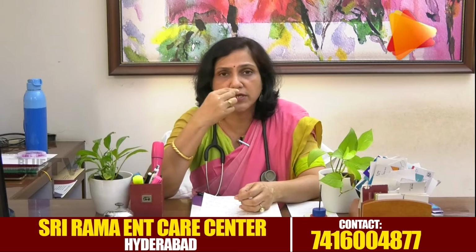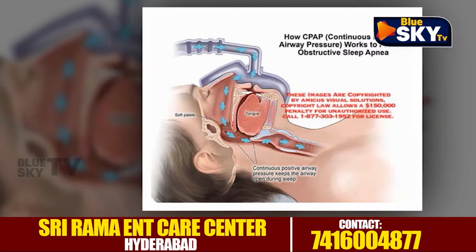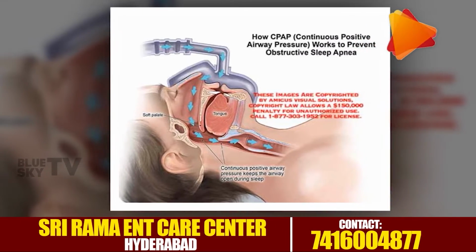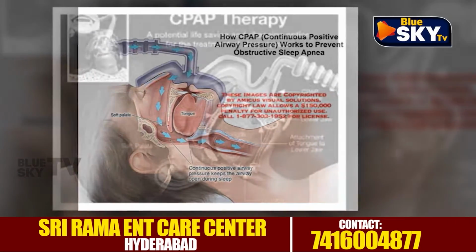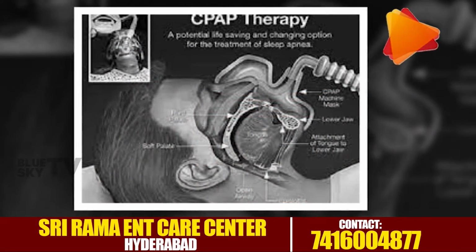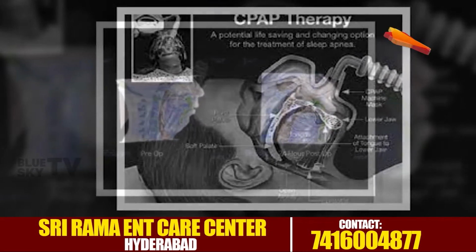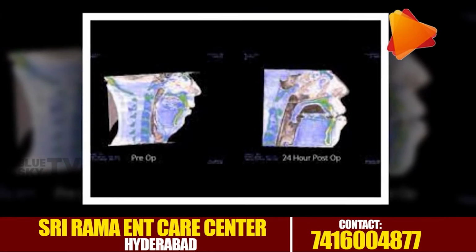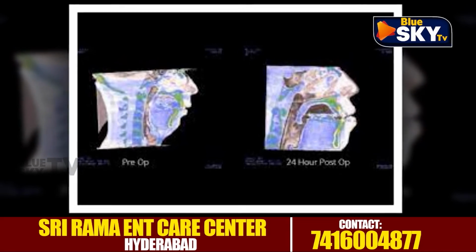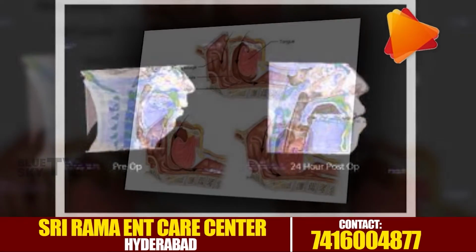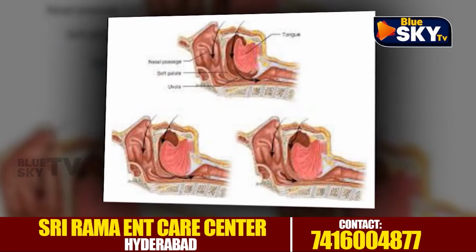Once the air negotiates that passage, next it comes across a structure called the soft palate. The soft palate is present as a partition wall between the nose and the mouth, the oral cavity and the nasal cavity. So this soft palate is basically a muscular tissue covered by skin, and it is attached to the back of the hard palate, that is the bony structure which separates the nose and the mouth.